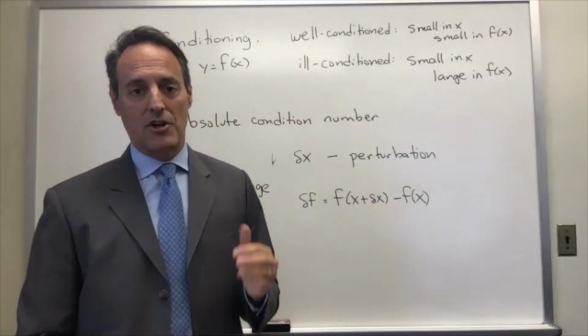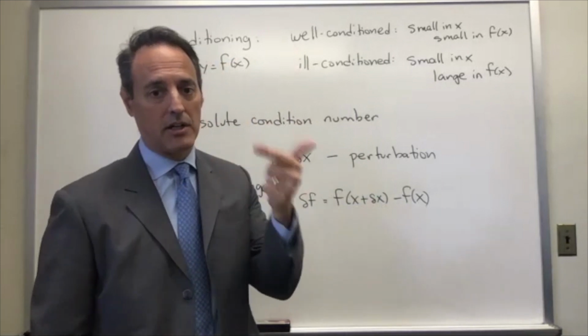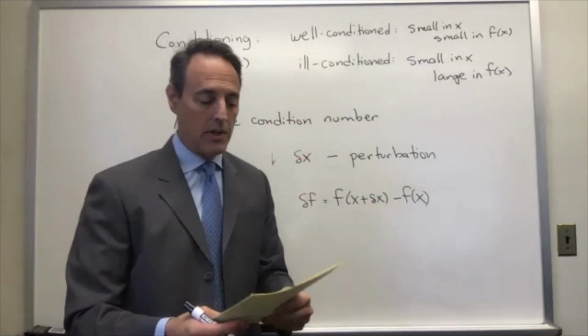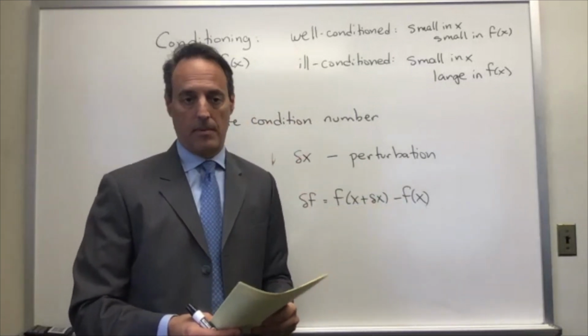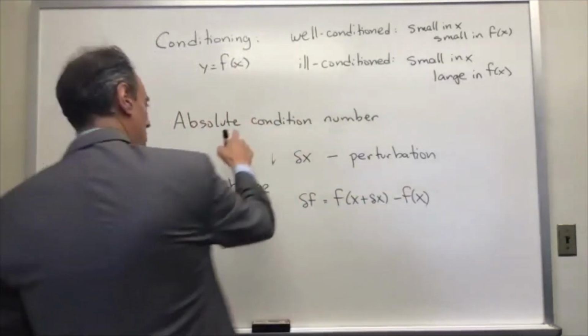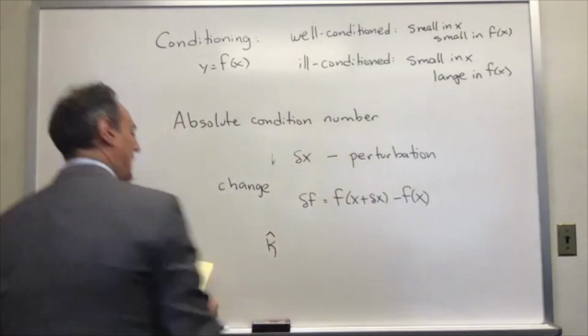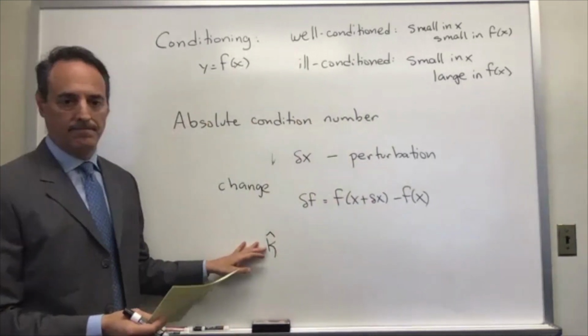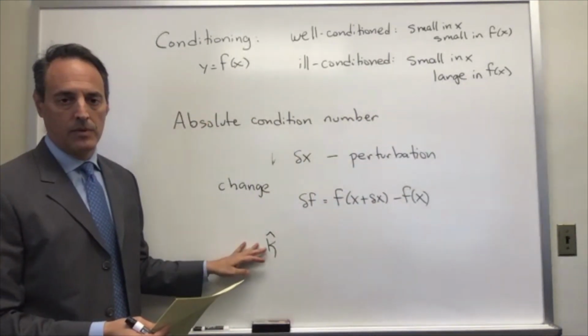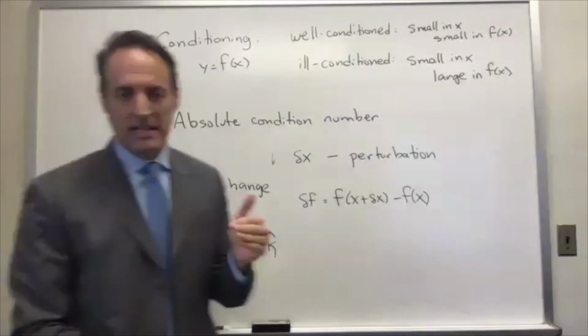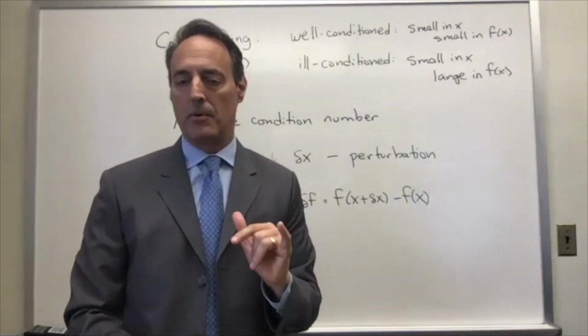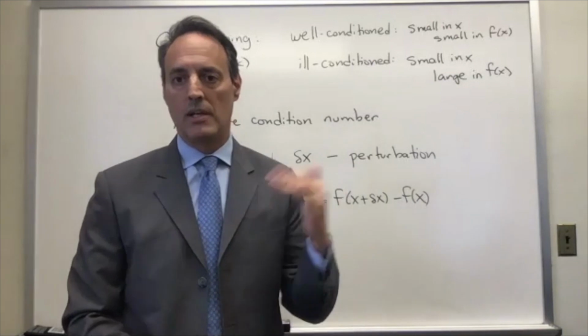So right away, we're going to start defining concepts here. And the concept we're going to define is the absolute condition number. So the absolute condition number is going to be kappa hat. Kappa itself will be the relative condition number, which we'll introduce next.